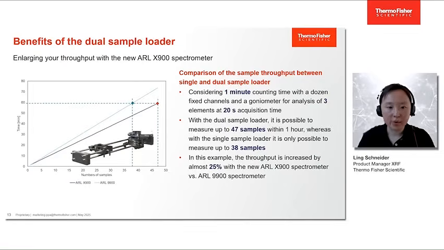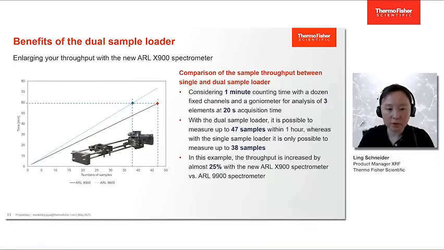In this example, we compare the numbers of samples analyzed within 1 hour between the ARL 9900 spectrometer and the ARL X900 spectrometer. In this example, we would consider 1 minute counting time with 12 fixed channels and 1 goniometer for analysis of 3 elements with 20 seconds acquisition time for each.